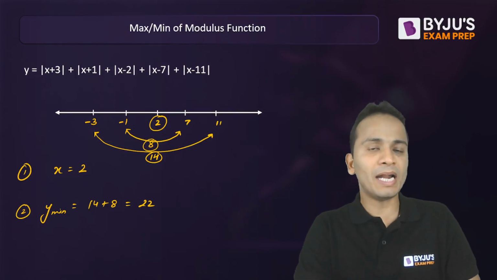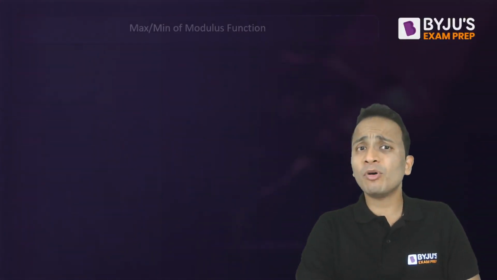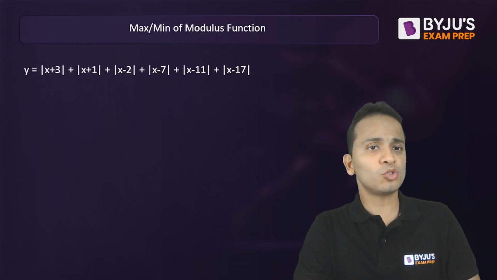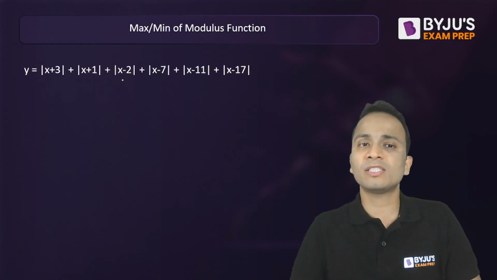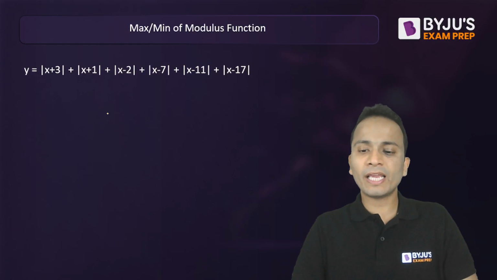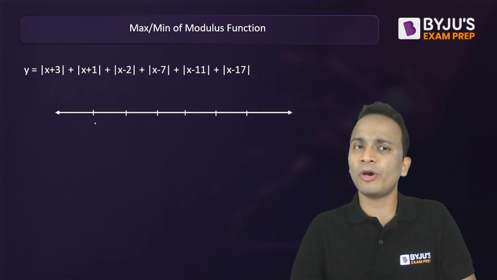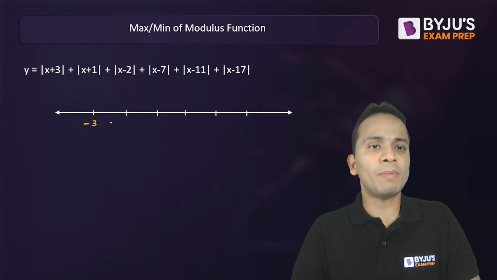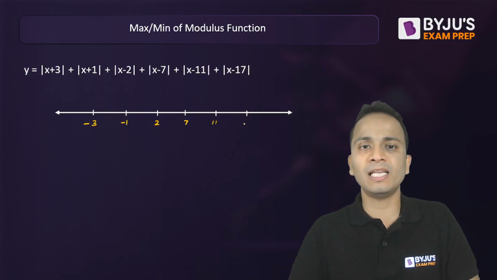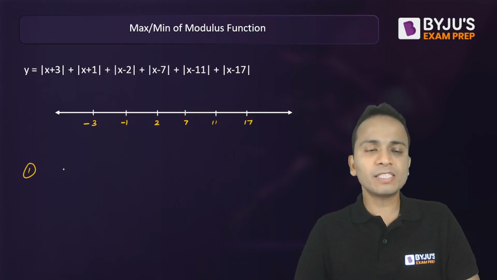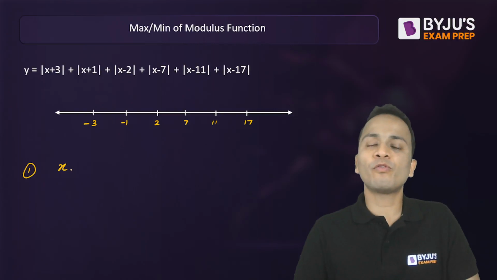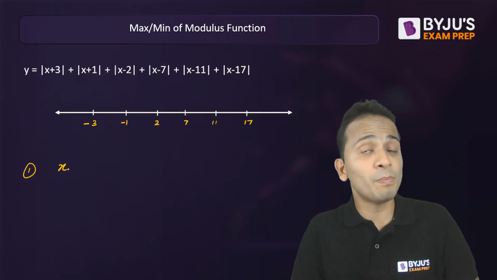Now let's move on to part number 2, wherein the number of modulus signs is even. So I have taken an example where the number of modulus signs is 6. Again, I'll draw a number line and represent these 6 points on it, starting from minus 3, minus 1, plus 2, plus 7, plus 11 and plus 17. So first thing is the value of x for which the function will attain its minimum value.